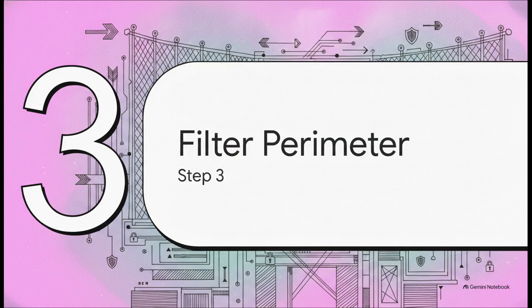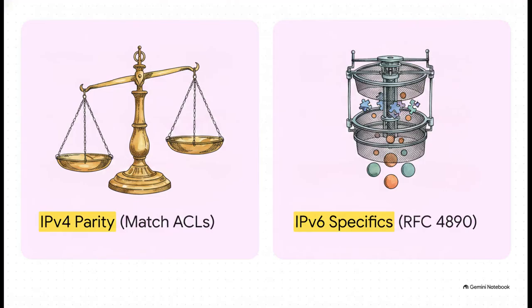Now for Step 3, filter the perimeter. This is where it gets really interesting. While you definitely need strict parity between your IPv4 and IPv6 access control lists, you also have to deploy IPv6-specific rules. For example, you can't just blindly drop all ICMP traffic like you might do in IPv4. If you do that in IPv6, you will literally break the entire network.